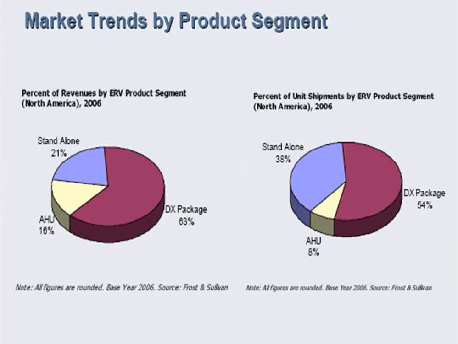This is why we focus a lot on rooftops. We do ERVs at our office for air handlers and other equipment as well, but rooftops is a huge focus for us, and that's because rooftops are the giant piece of the market for both just regular systems as well as ERVs. So on the left there is ERVs by dollar, and on the right is ERVs by quantity, and that purplish, magenta-ish color is DX packaged systems, so basically rooftop units.